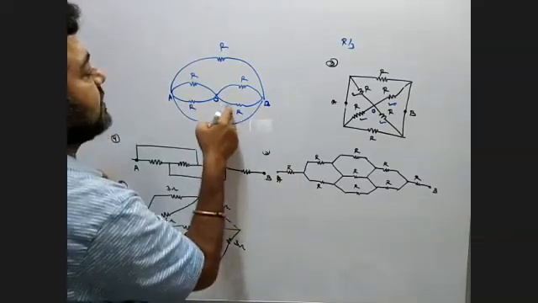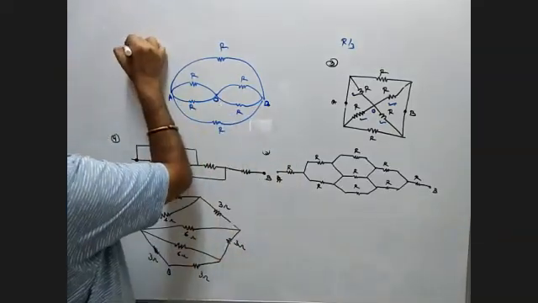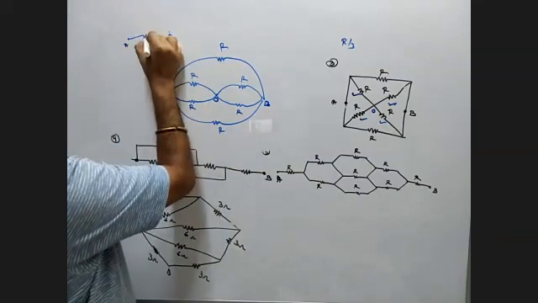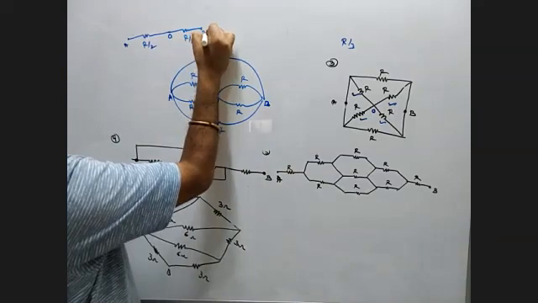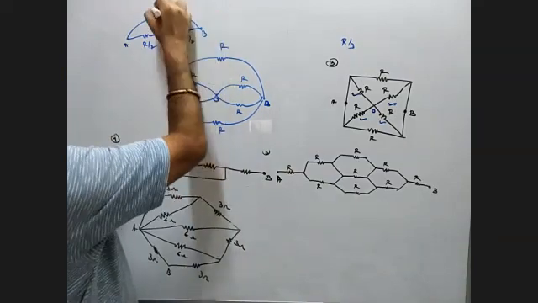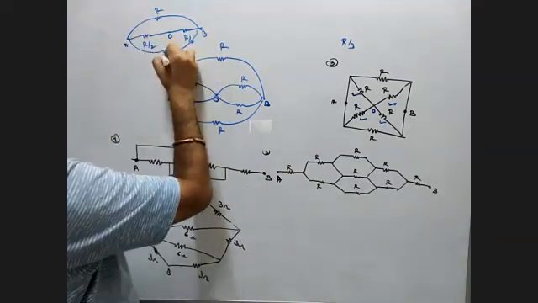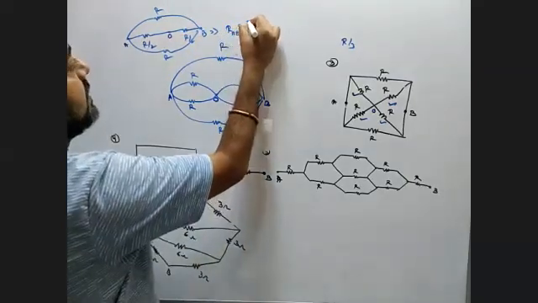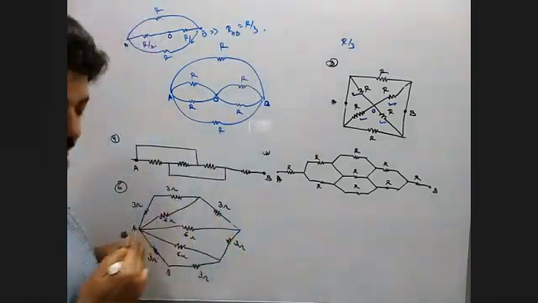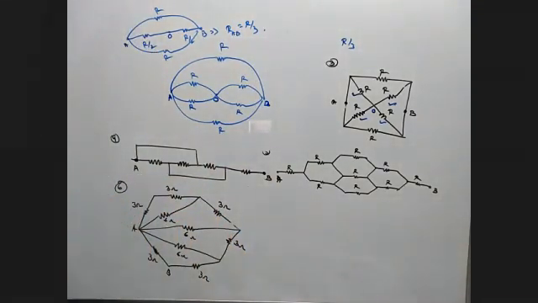So R by 2, R by 2. So A, O, R by 2, R by 2, B. This one is R, this one is R. So you have R of AB, R by 3. Very good. What about the next one?